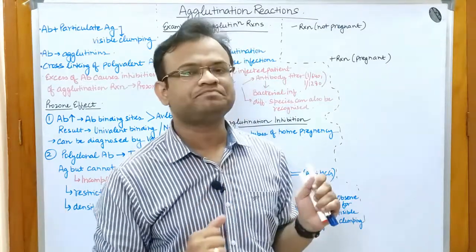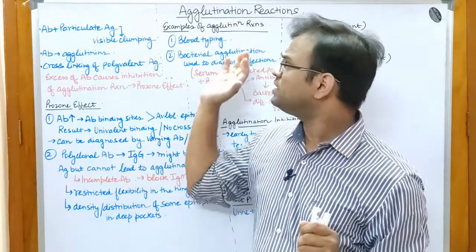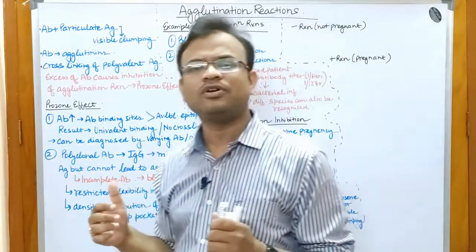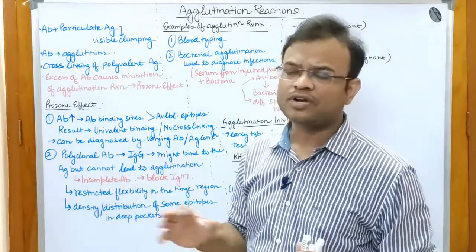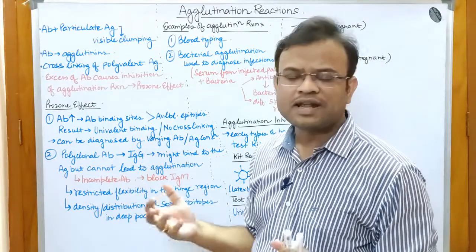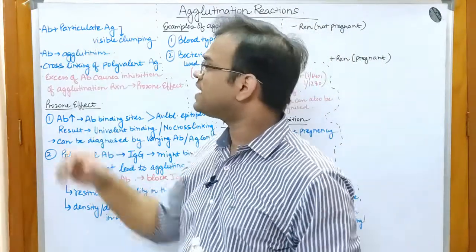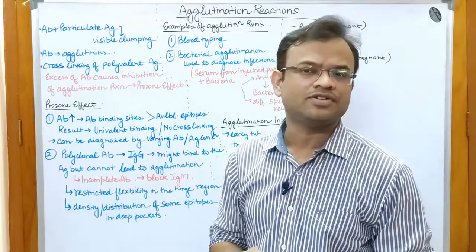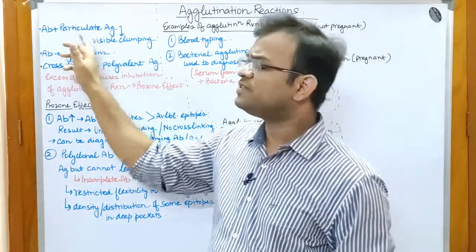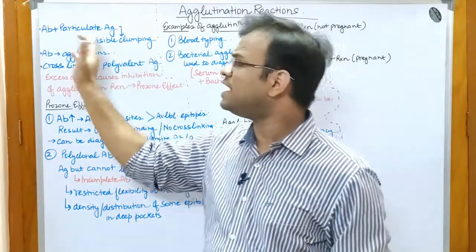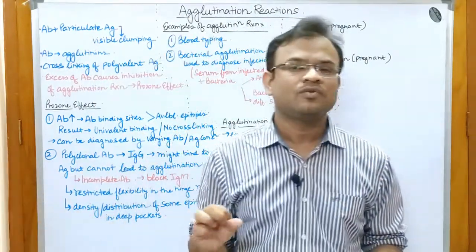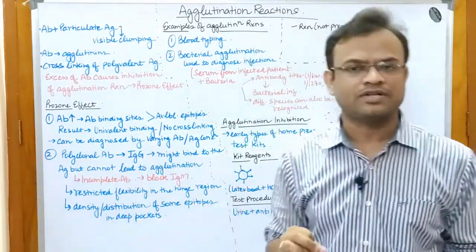So this was seen. But in today's lecture, when we are talking about agglutination reaction, the antibody is interacting with particulate antigen. Okay, so now you can see the difference between precipitation and agglutination reactions. Over here the antigen is of particulate nature. What do you understand by particulate nature?